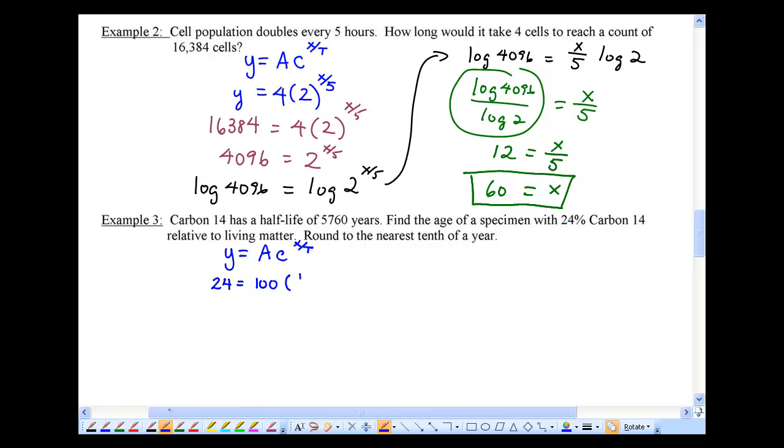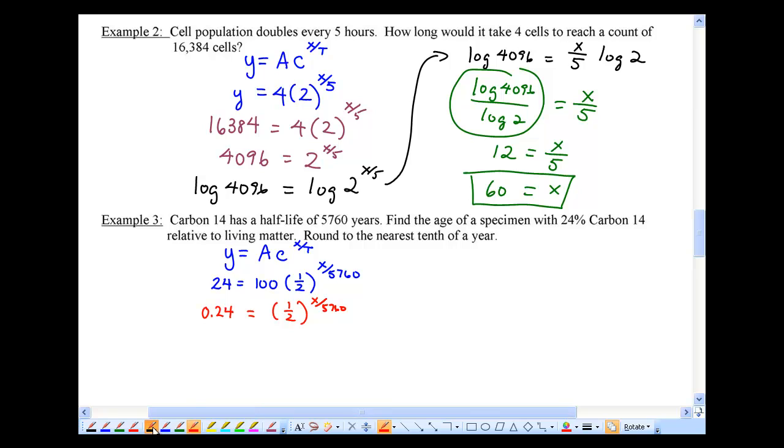And if I start with 100%, that makes total sense. Since the half-life is half, my rate must be 1/2. And we're going x over 5760. Let's go ahead and try to solve this now. We're going to divide both sides by 100, so we get 0.24 equals 1/2 to the power of x over 5760. And remember, in the past, what we had to do was kind of guess and test, or we used the graphing calculator.